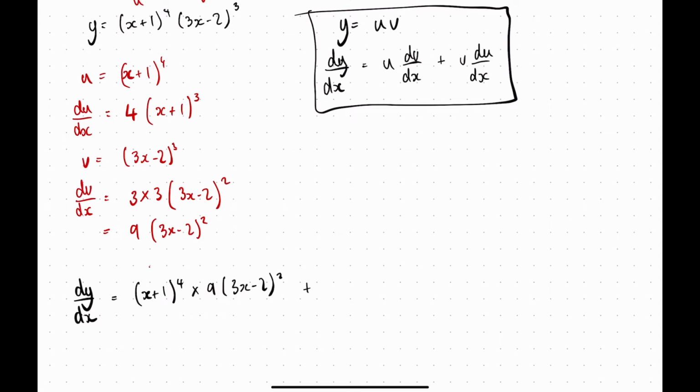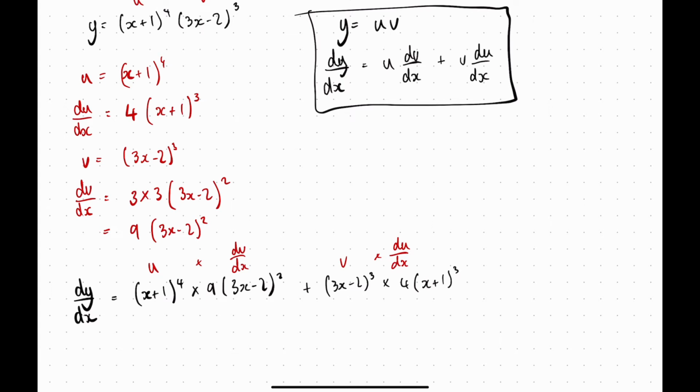Again, I'll write these out. That's u, that's dv dx. And then it's v du dx, which is 3x minus 2 cubed times du dx, which is 4 times x plus 1 to power 3.